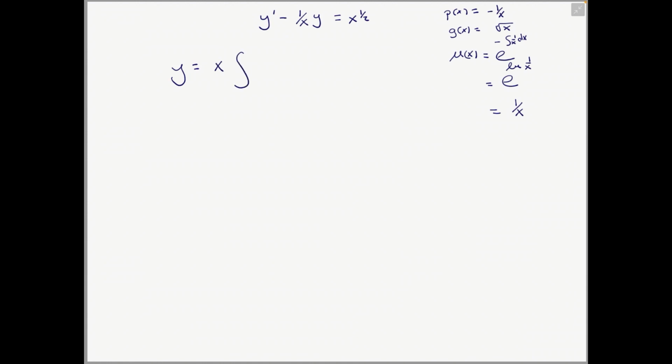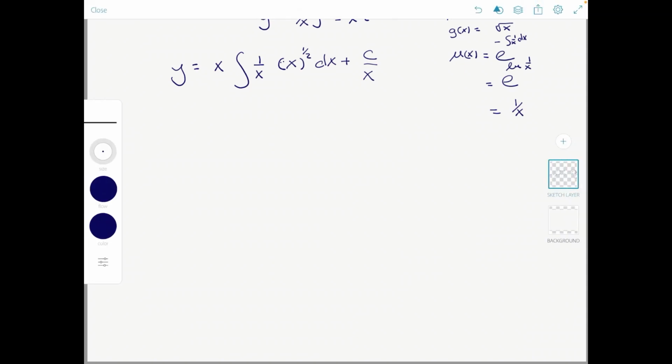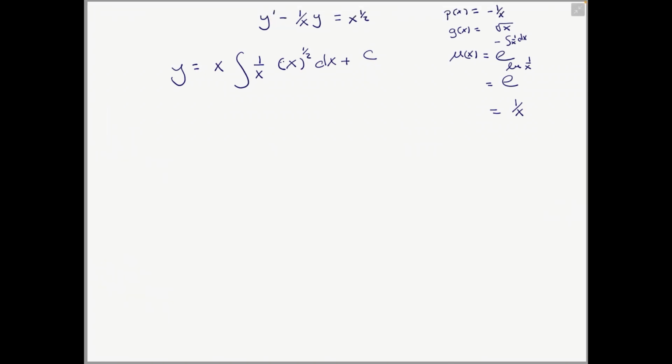So y is equal to x times the integral of 1 on x times x to the 1/2 dx plus c on x. Nope, screwed that one up. C times x.